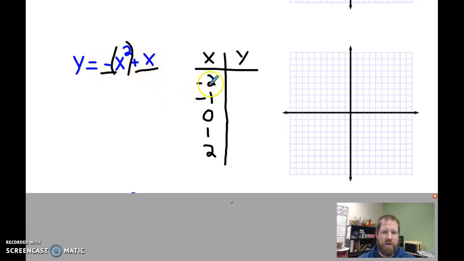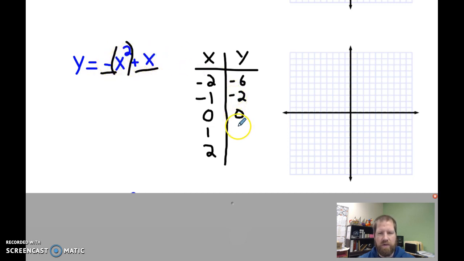So I've got negative 2 squared, which would be a positive 4, but it's negative, and then I'm adding another negative 2, so that's going to be a negative 6. Negative 1 squared would be positive 1, but it's negative, so negative 1 plus negative 1 is negative 2. 0 squared doesn't matter, it's all 0. 1 squared would be a 1, but it's negative, plus a positive 1.